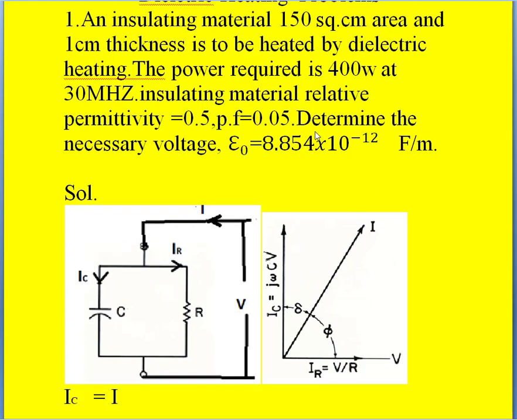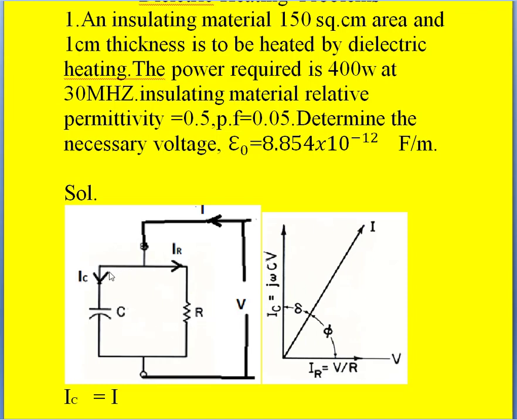We know for the dielectric material, when we give the supply with a high voltage and high frequency, the equivalent circuit of the insulating capacitor or the dielectric material is like this: a capacitor in parallel with a resistor.